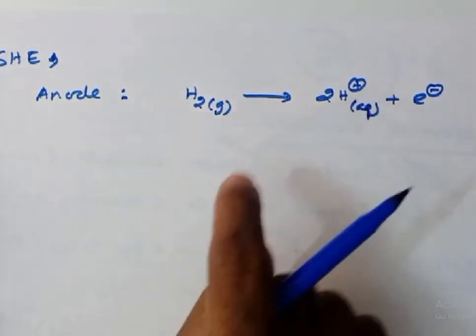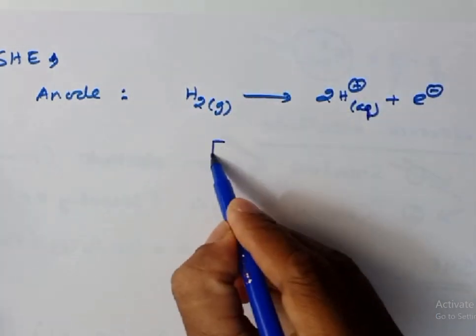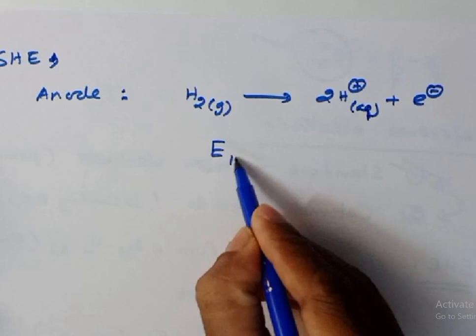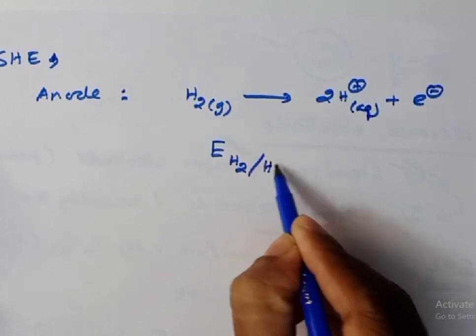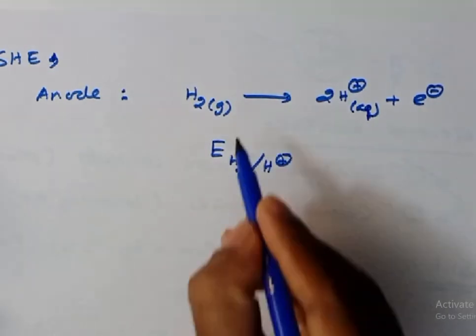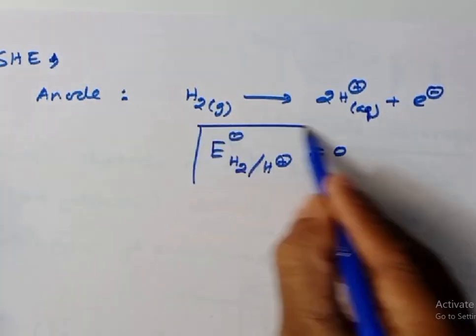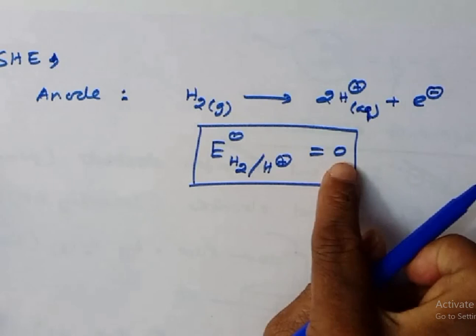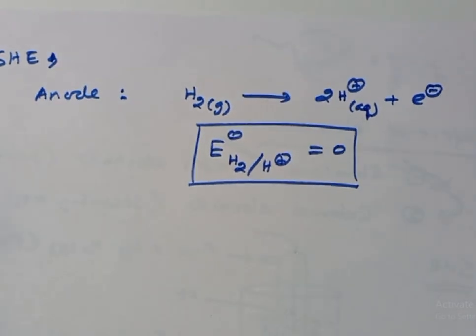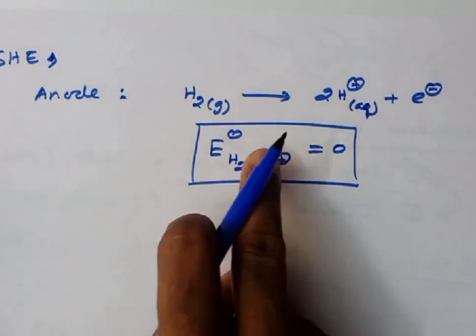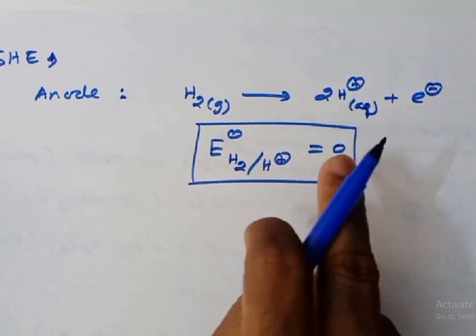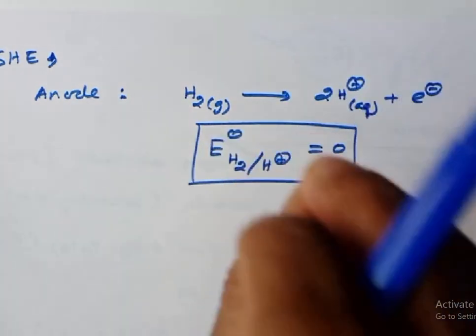Here H2 becomes H plus ion, which is called oxidation. The standard oxidation potential is chosen arbitrarily as 0. Scientists fixed this value as 0.